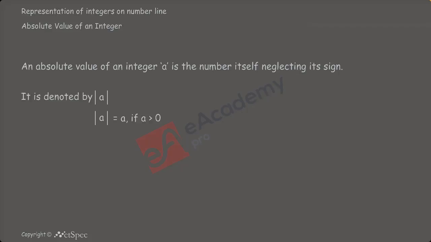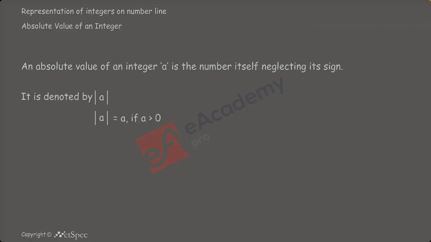In case we have a negative number, that is, if we have a number as the negative integer, then we need to multiply the minus sign to the given number so that the entire number becomes positive.